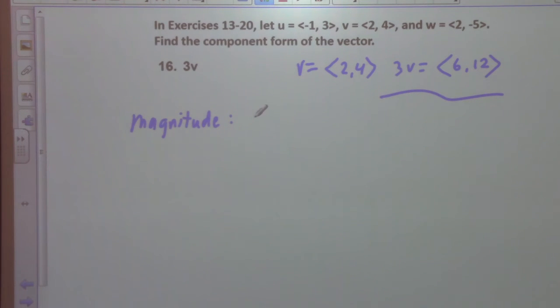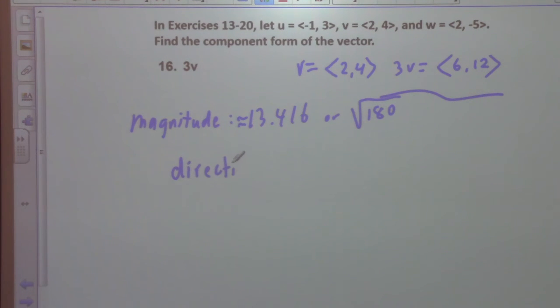So what is your magnitude going to be? 13.416. If you do that, I want you to put approximately equal to. Which you did, so that's good. Exactly, it's going to be square root of 180, right? So decimalized, and radical form.